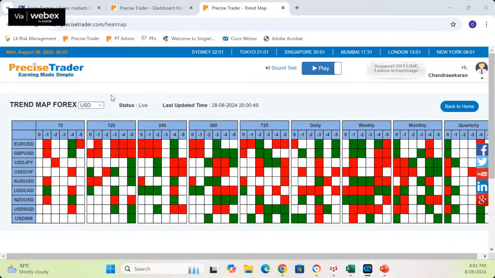So what I conclude is I should be selling euro dollar and pound dollar, but the pound is not that weak. Euro is the weakest right now. That is the thing we have to take note of.